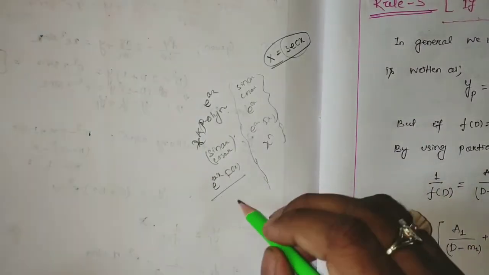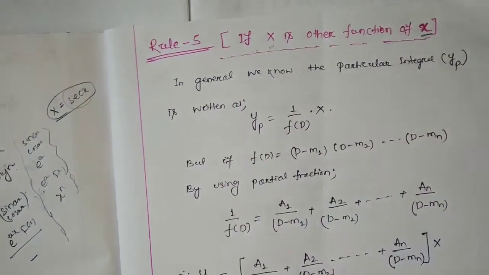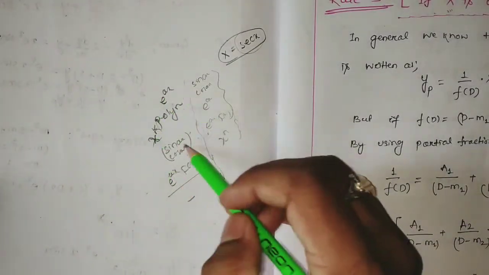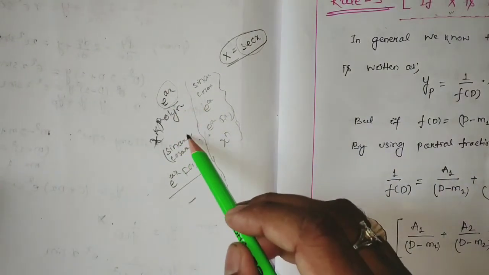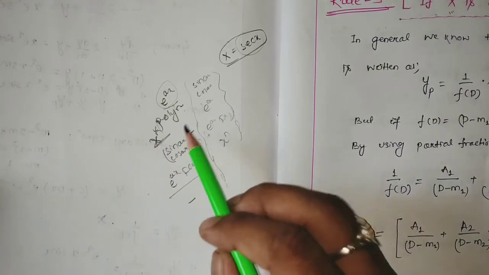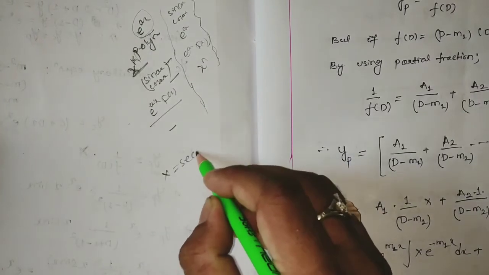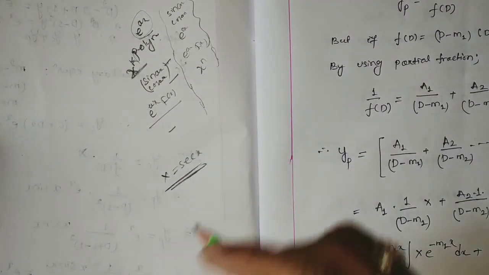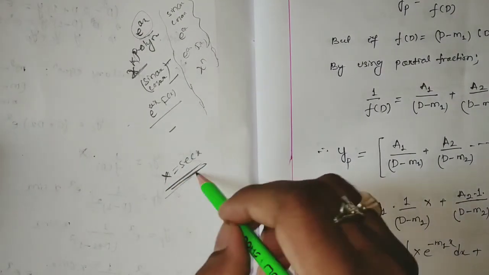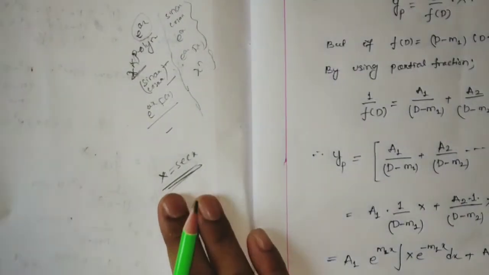In rule 5, except e to the power x, except sin x, cos x, or any polynomial, if we have another function, suppose X equal to sec x, then how are we going to solve it?